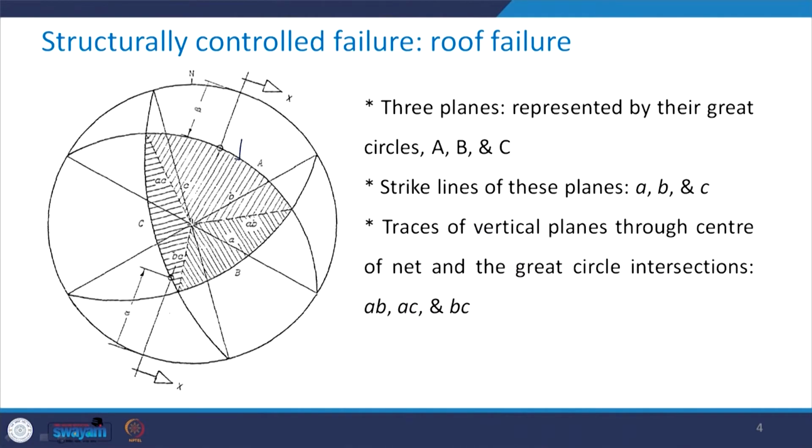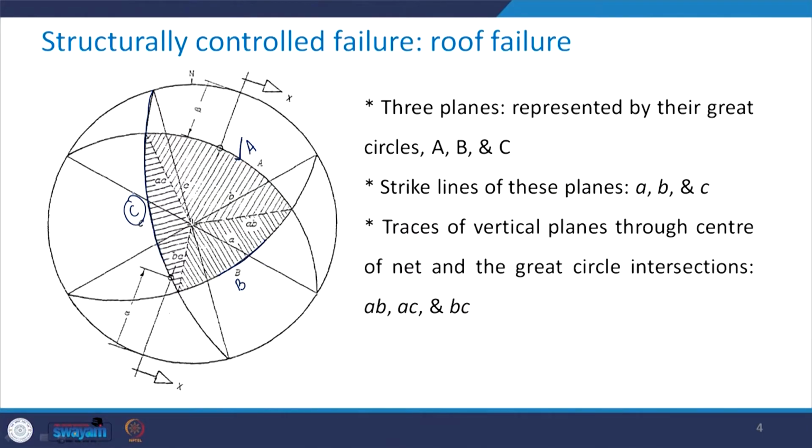So, here in this case these three planes have been represented by the great circles A, B and C. So, this great circle is A, the second one is B, and the third great circle, which is this one, is the great circle C. Because we know the dip and dip direction of those discontinuity planes, knowing these two quantities, we can have their corresponding great circles in such a manner.